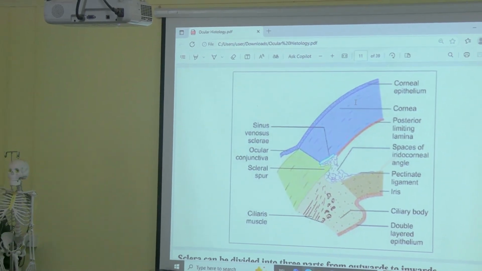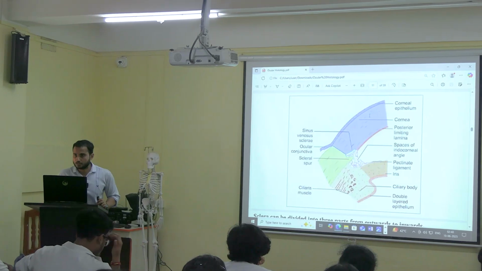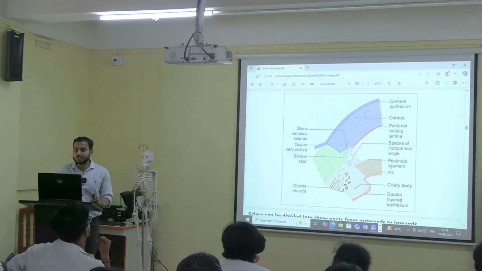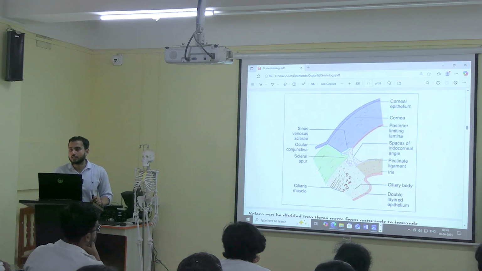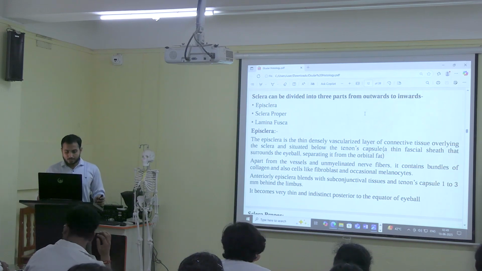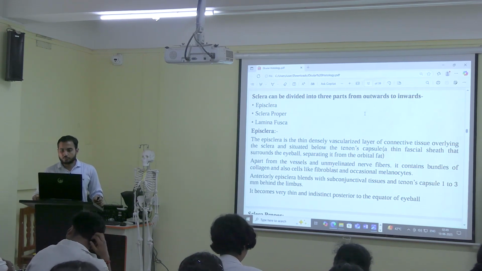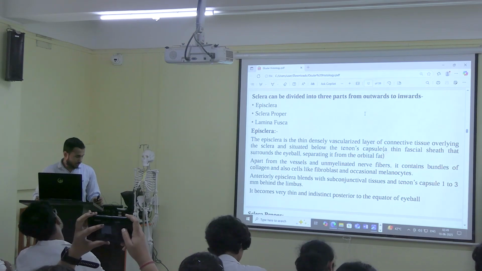So that is the basic structure of sclera and cornea. Next we'll see the microscopic structure, that means the layers of the sclera and then the layers of the cornea. Now sclera can be divided into the following parts from outside to inside.